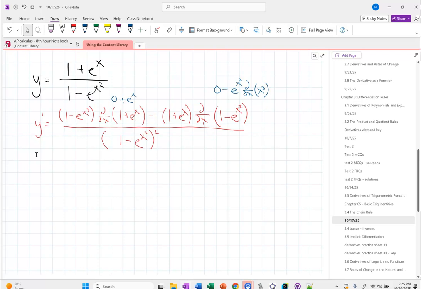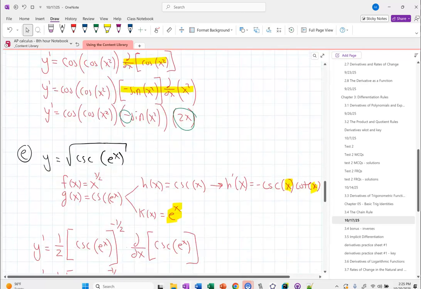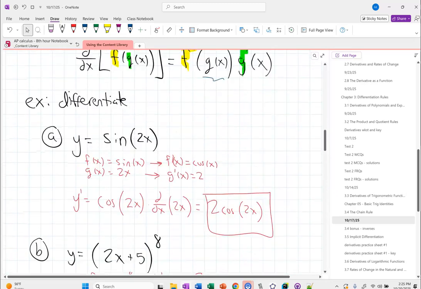Exactly. So everybody so far so good? But isn't the outside e to the x and the inside is the x squared? Uh-huh. So it's the derivative of e to the stuff. The derivative of e to the stuff is e to the stuff. That's the derivative of the outside. So go back to the formula.